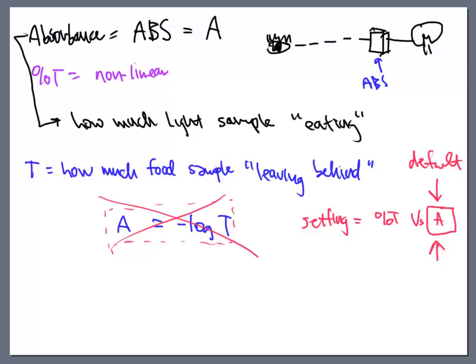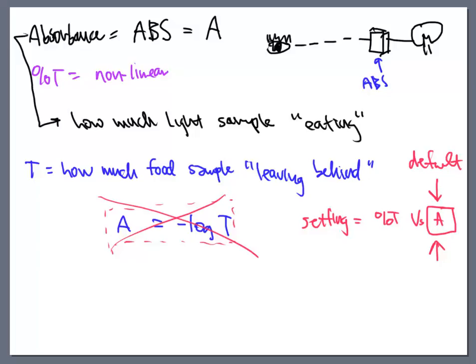Okay? We can switch it over to percent transmittance like they did in old school days, and we can do measurements in percent transmittance like they did in old school days, but it's no longer done. So if we want to just do it just to do it, we can switch it over with the flip of a button. That's all that it takes.